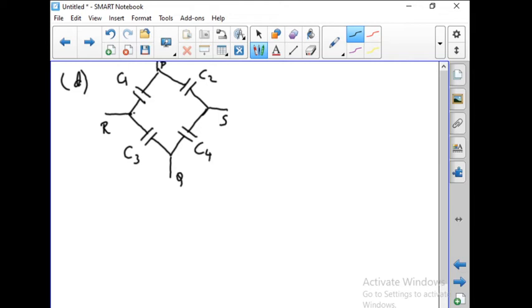So how will you calculate the equivalent capacitance across PQ, and the second one across RS? Let us first calculate the equivalent capacitance across PQ. Across PQ means we need not take R and S into consideration. So we can draw the diagram like this.